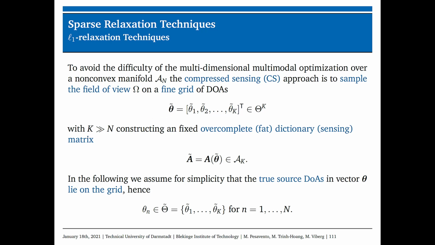We assume that K is much larger than N and construct a fixed, overcomplete, so a fat dictionary of steering vectors over the chosen grid of candidate directions. We assume for simplicity that the true sources lie on the grid of DOAs, so on our sampling grid, hence we avoid the off-grid error problem.